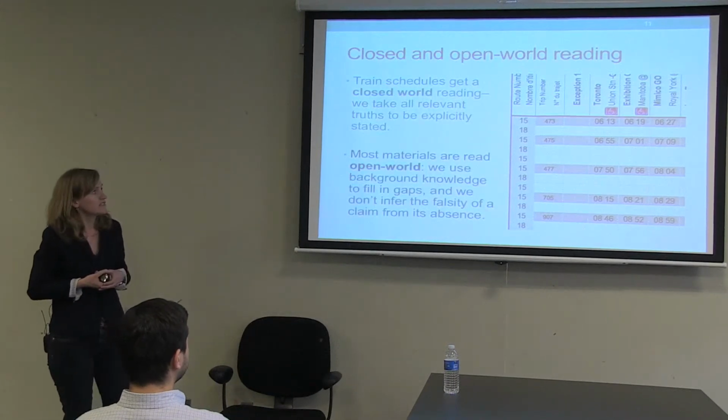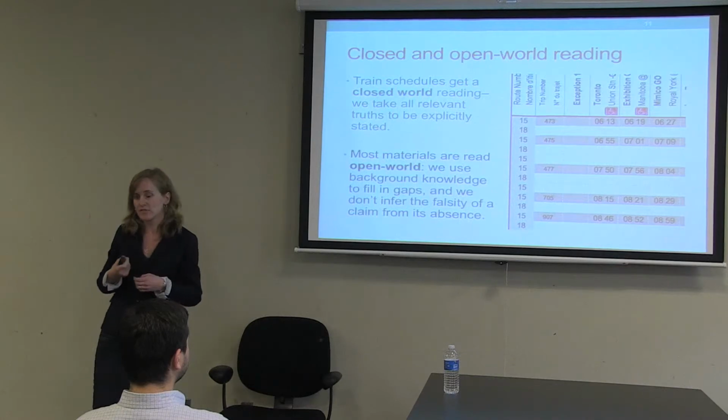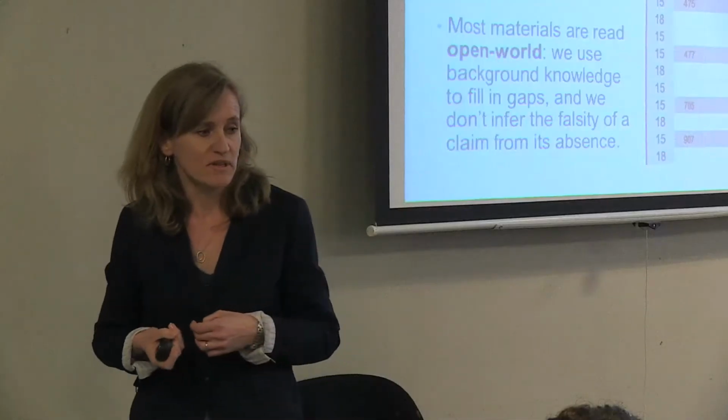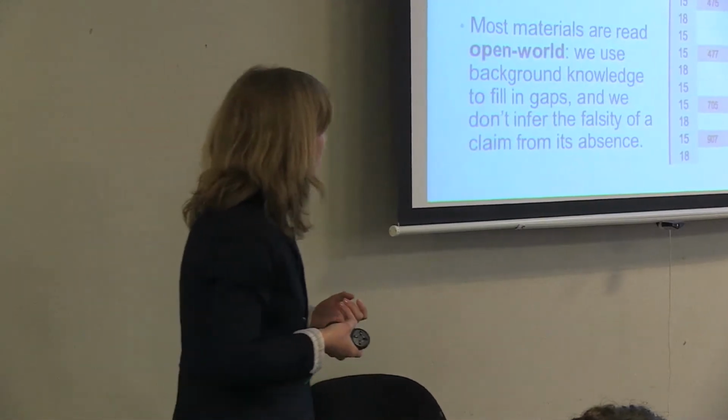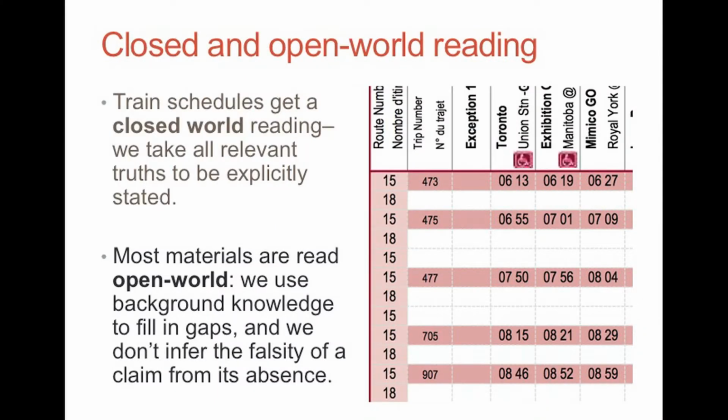Well, you knew that because you took what's called a closed world reading of the train schedule. What you actually saw was an absence of information. That question, is there a train departing at 8:05, is different from the question, is there a train departing at 6:55? You would verify that by seeing it explicitly stipulated in the schedule.